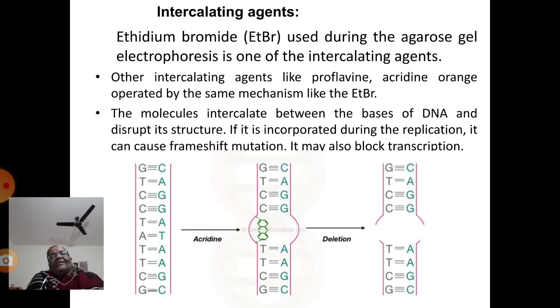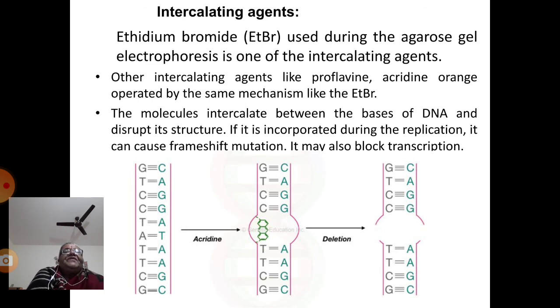Then the next category of chemical mutagens happens to be intercalating agents. Ethidium bromide, EtBr, which is used in agarose gel electrophoresis, is one of the intercalating agents. Some of the other intercalating agents, like proflavin and acridine orange, also operate by the same mechanism as EtBr.